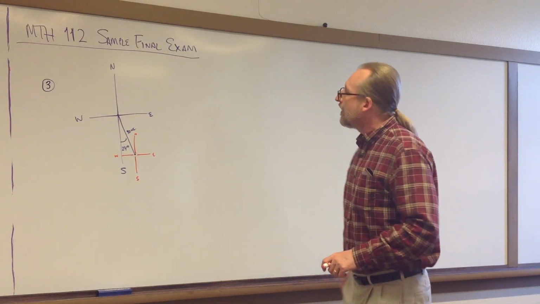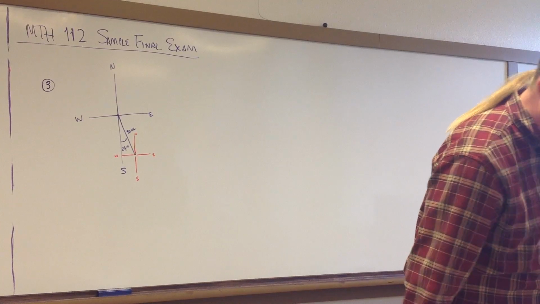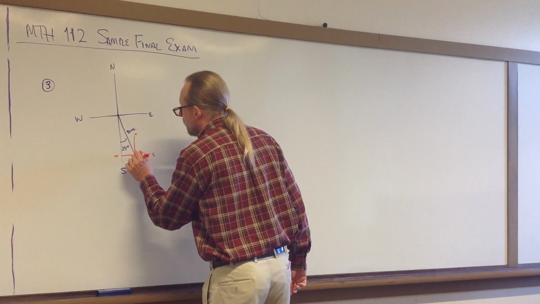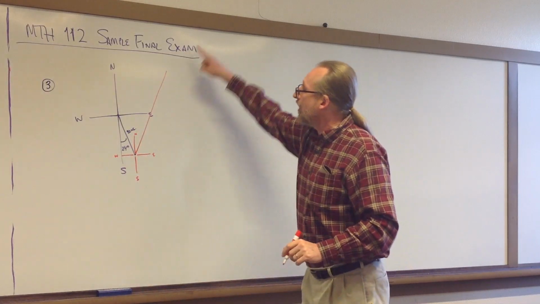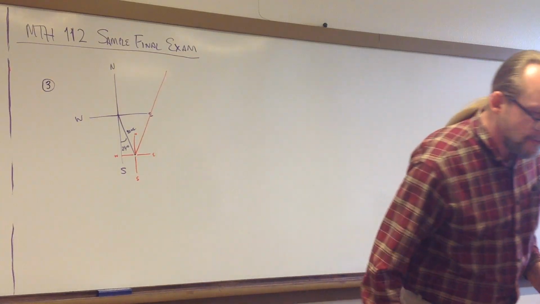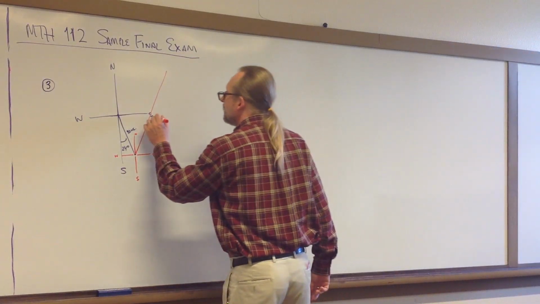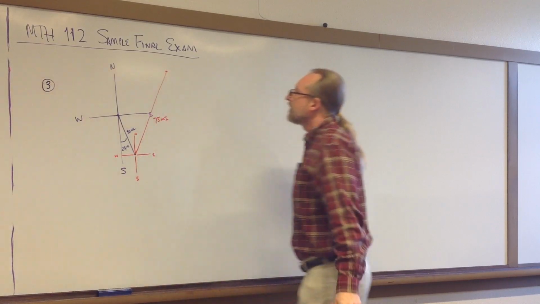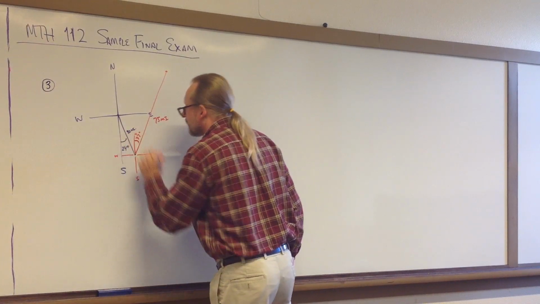From that position, they go in the direction 37 degrees east of north. It's going to be something like that. And I drew that line longer because they're traveling for 5 hours in that direction. So that line will be 75 miles. And this angle in here, 37 degrees.